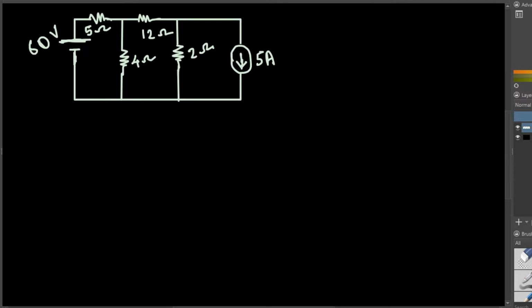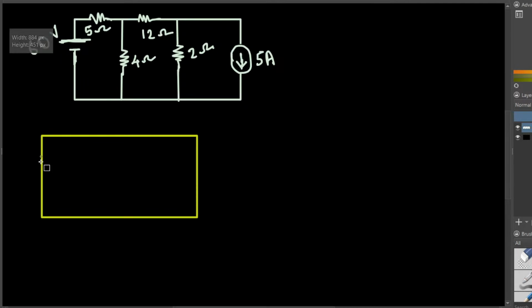Here we are going to have the circuit. This one, first I'm removing the voltage source, so it's going to be no voltage right here, and the others remain the same. Let's label the other things. Here we have resistance, the current source.